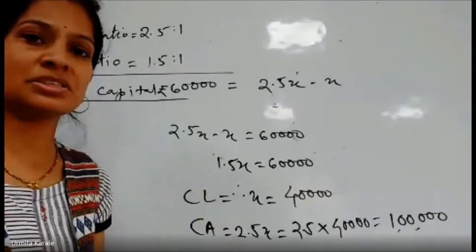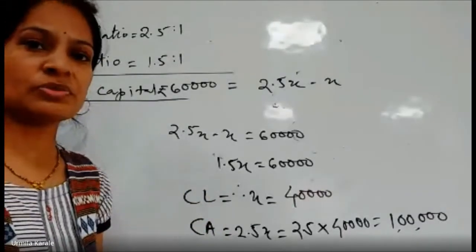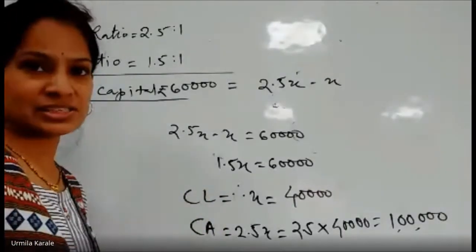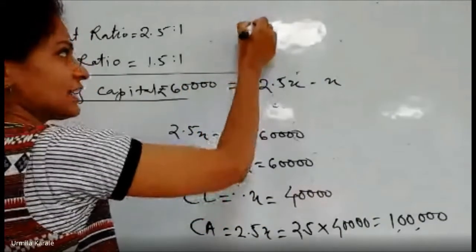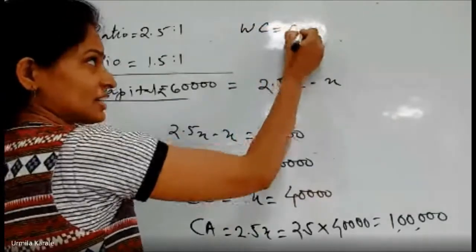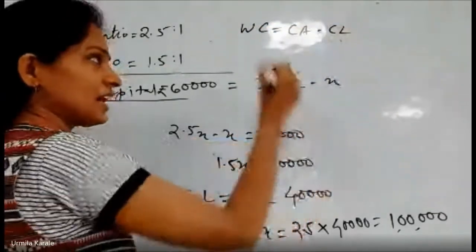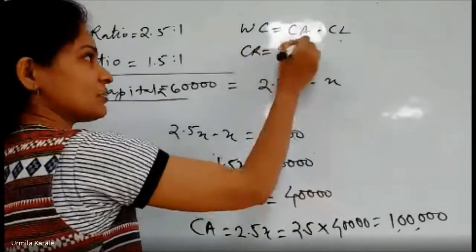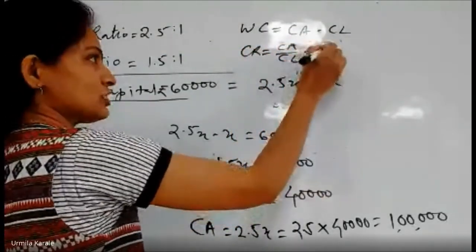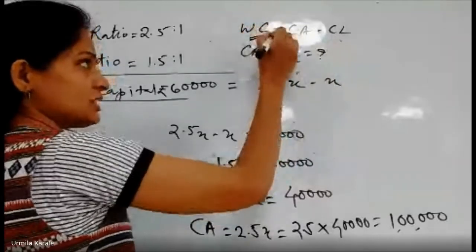This we have seen in management accounting. Now, we have one equation: working capital equals to current assets less current liability. And the other equation is: current ratio equals to current assets upon current liability. Now this ratio we have, and this information we have.